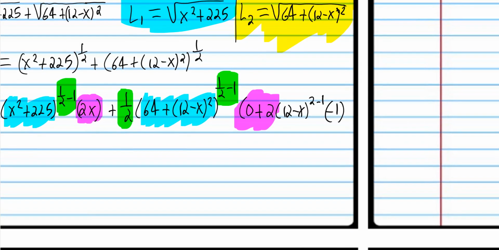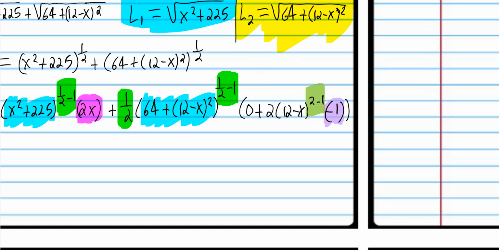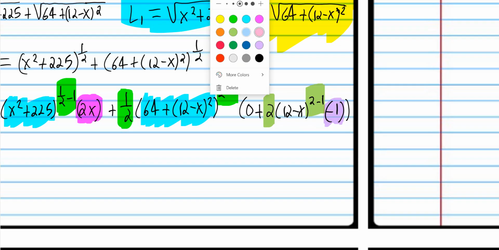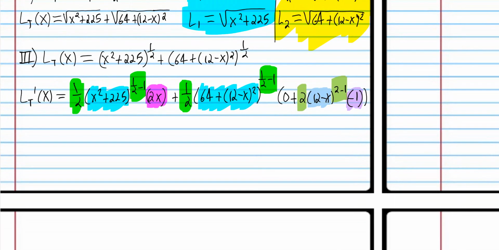And we need an extra parenthesis there. So we had to use the chain rule again. And so the derivative of the outside function, and we kept the inside function, and we multiplied by the derivative of the inside function.